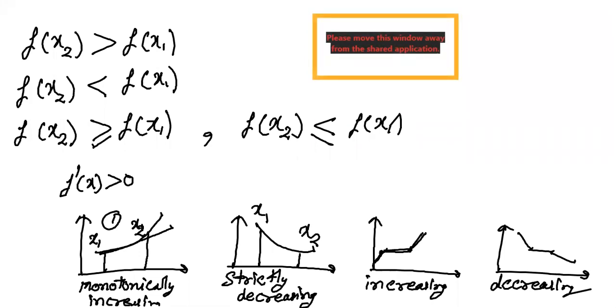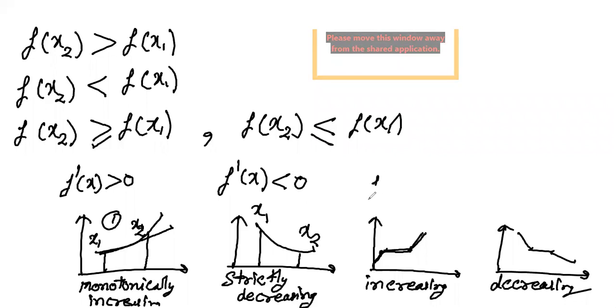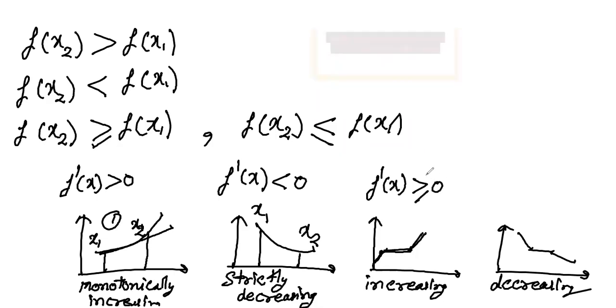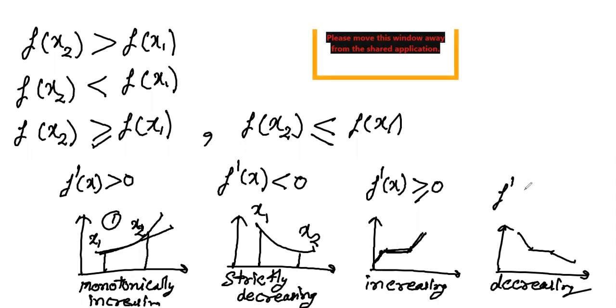Similarly, f dash x in a strictly decreasing function is always lesser than 0. But in an increasing function, f dash x could be equal to 0 also, because when it is constant, the differential is 0. Similarly, f dash x can be 0 also, and it must be less than 0 because it is decreasing.